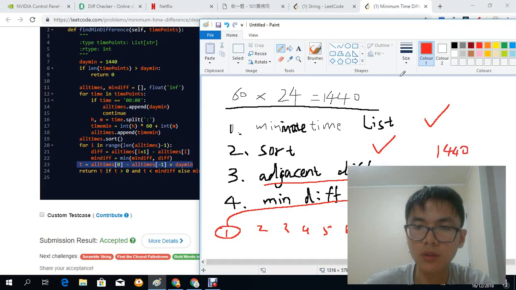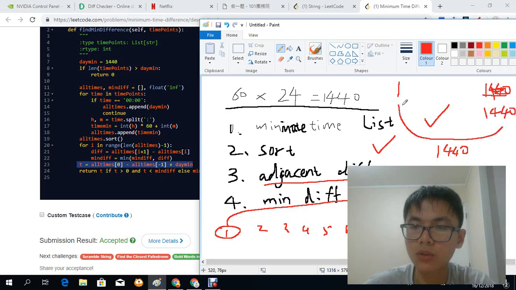So for example, the first number is 1 and the last number is 1440. So we know their difference is very small.